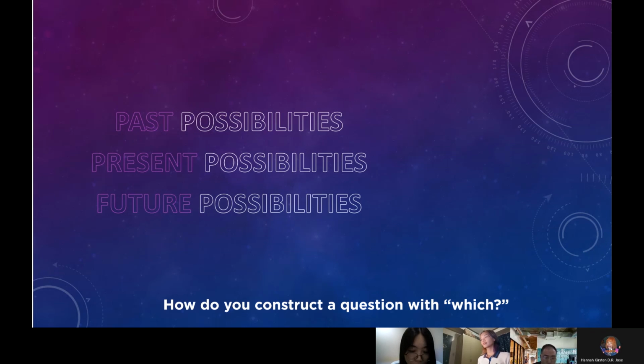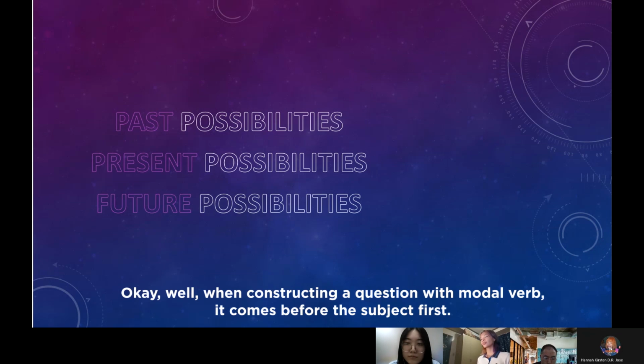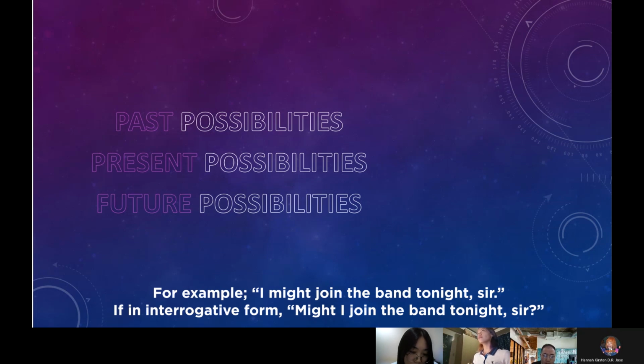How do you construct a question with might? Okay, well, when constructing a question with modal verbs, it comes before the subject first. For example, I might join the band tonight, sir. But in interrogative form, might I join the band tonight, sir?